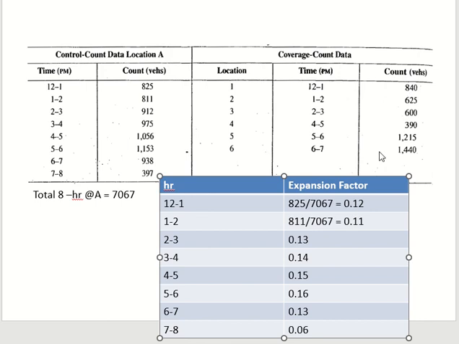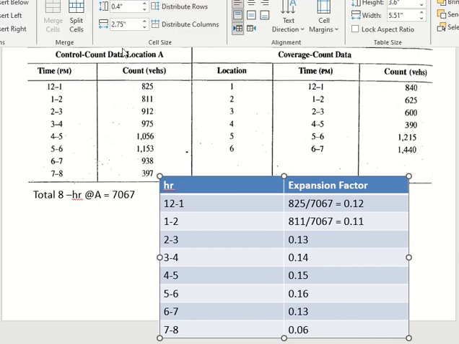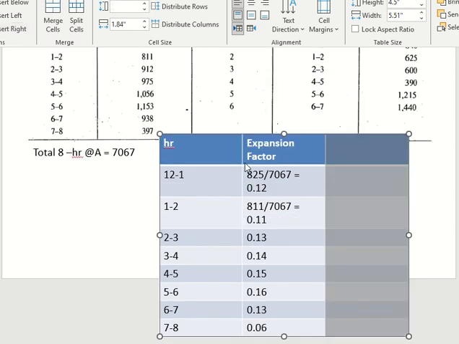Now we are doing the reverse. You have the hourly count and the proportion, and you're calculating the total, so you will divide. The count of each hour will be divided by the expansion factors. Now I'm using the coverage locations because I need the count for the coverage locations.